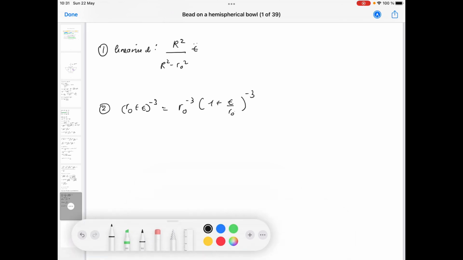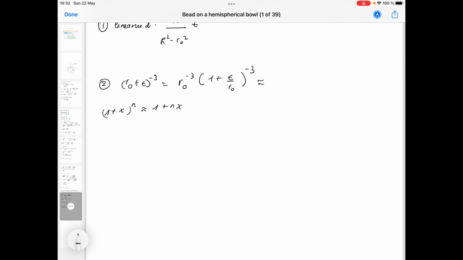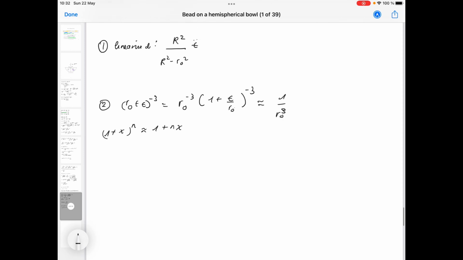And so what we can do is use the formula that (1 + x)^n is approximately equal to 1 + nx, right? And therefore this is approximately equal to 1 over R naught cubed minus 3 epsilon over R naught to the 4.